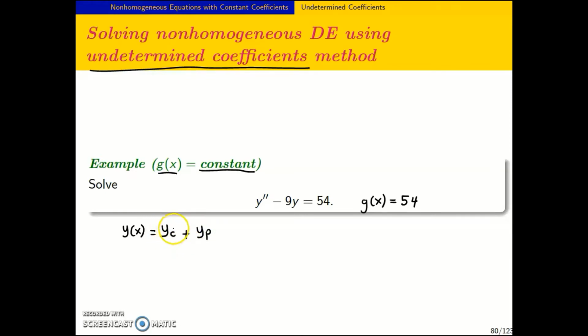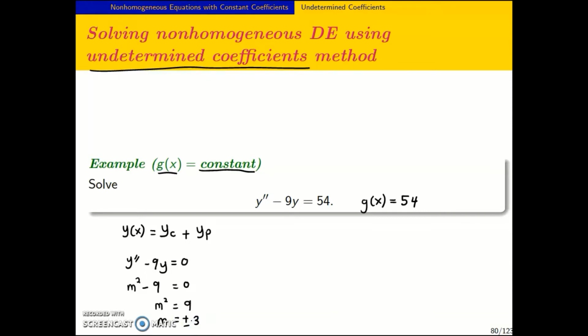Now yc is easy, because you obtain it by finding the characteristic equation for the homogeneous equation, setting the right side to 0. Now I have m squared minus 9 equals 0, so m squared equals 9, and m will be plus or minus 3. So I have different roots.